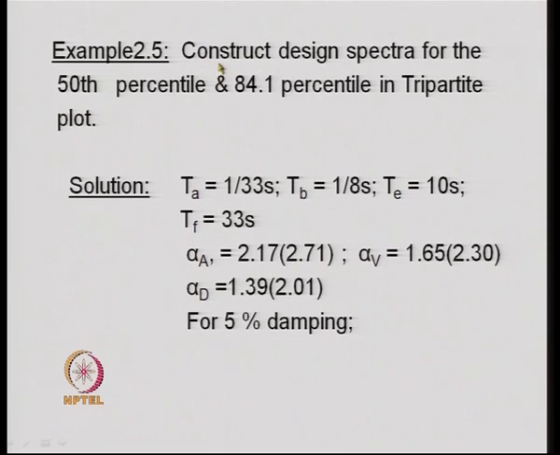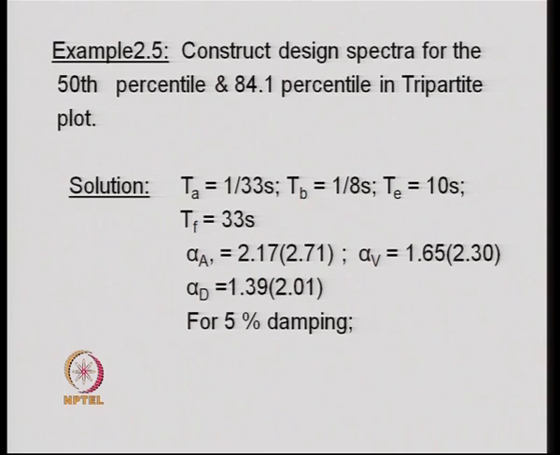Now, a design spectrum can be obtained for the 50th percentile and 84.1 percentile in a tripartite plot. The 50th percentile means the design spectrum, and the 84.1 percentile, that is the mean value plus 1 standard deviation, is taken as the response spectrum for the extreme earthquake.